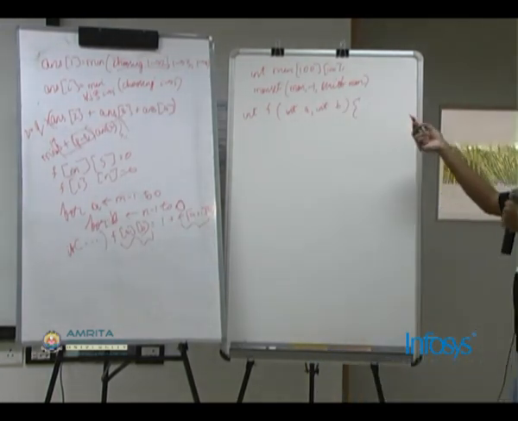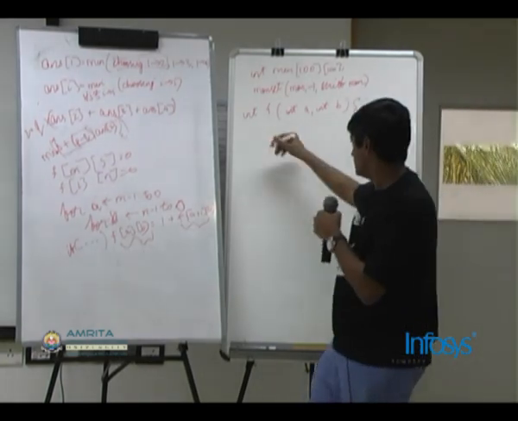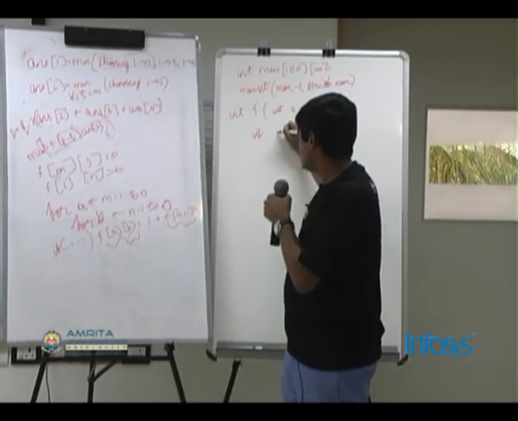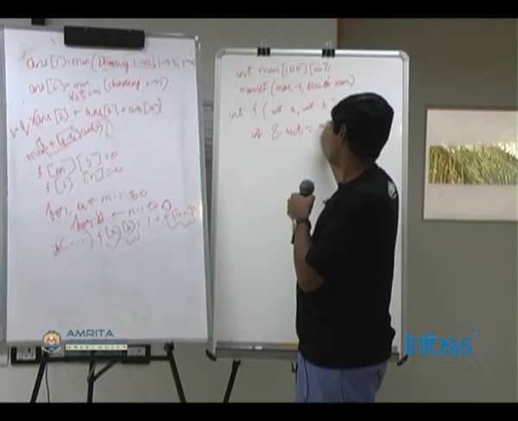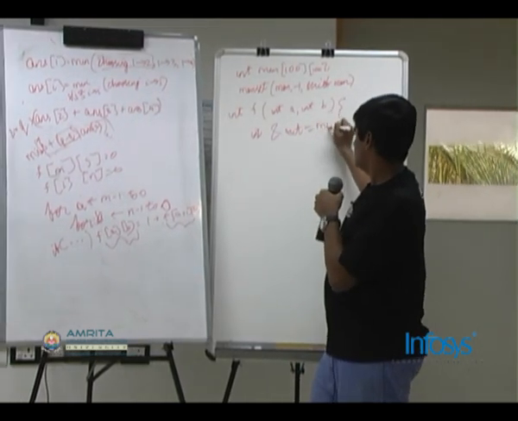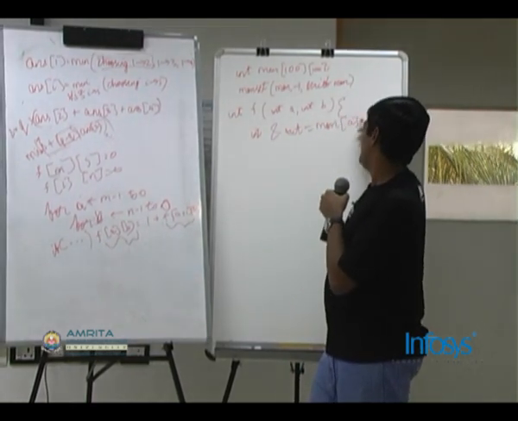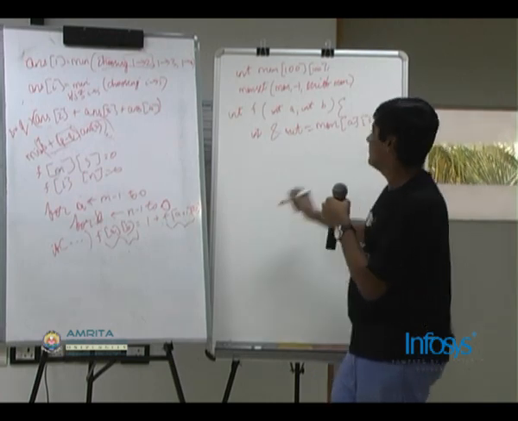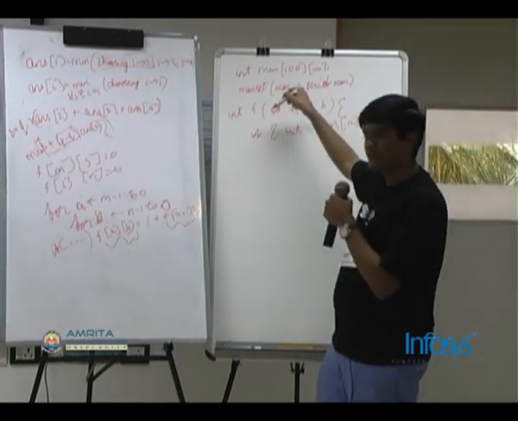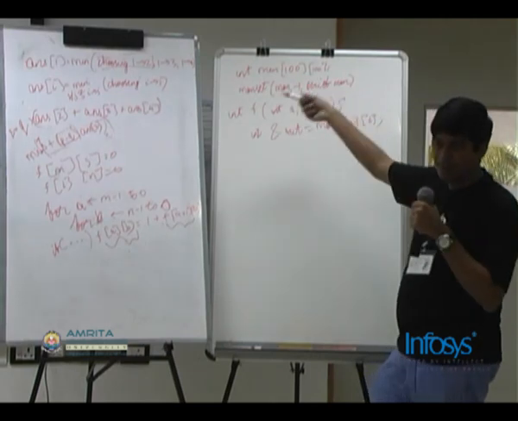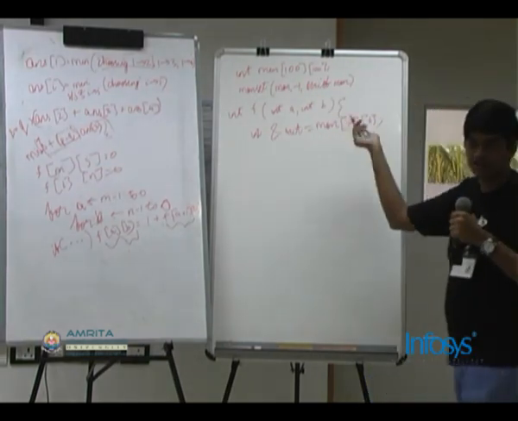Else, we have already reached this state before. So have this as a template: int ampersand ret equal to mem of a of b. First you have to check the boundary conditions: if a equal to m, return 0; if b equal to n, return 0.